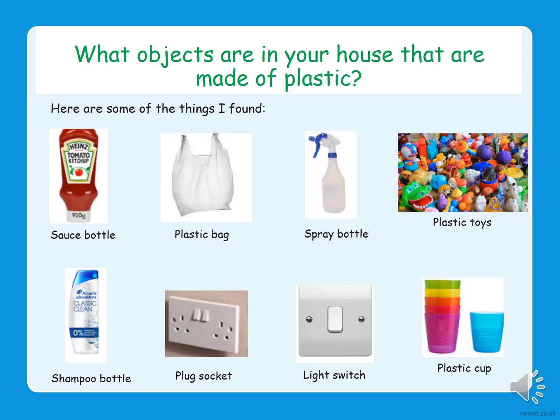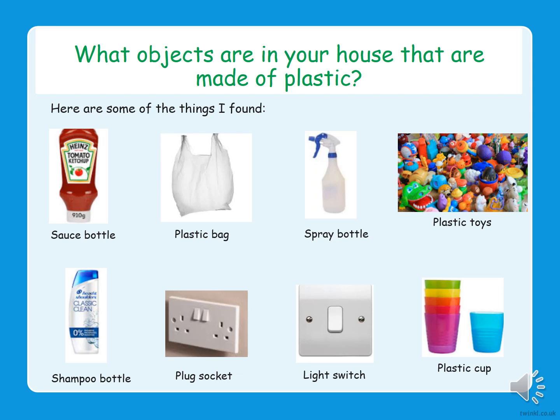And if you notice, even though they are all made out of plastic, one of the objects is quite soft compared to the others. The plastic bag that I have in my house is a very, very soft type of plastic compared to the plastic spray bottle.